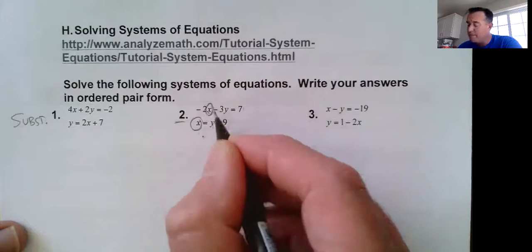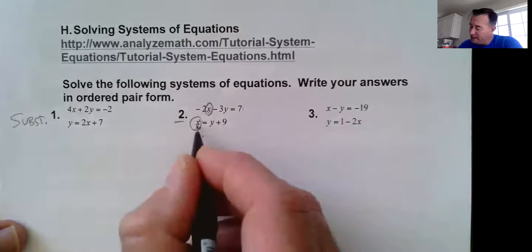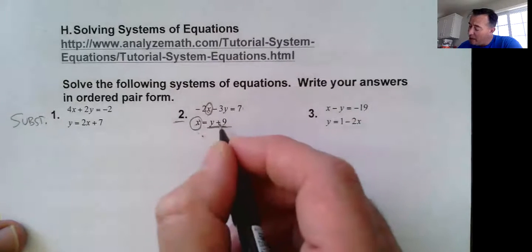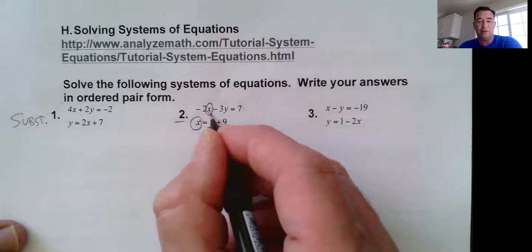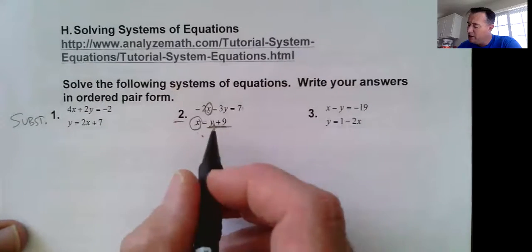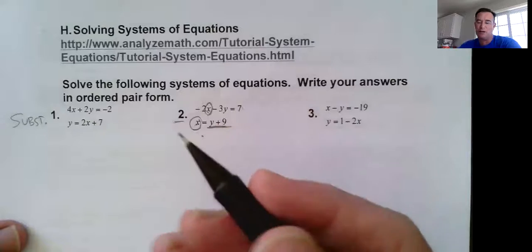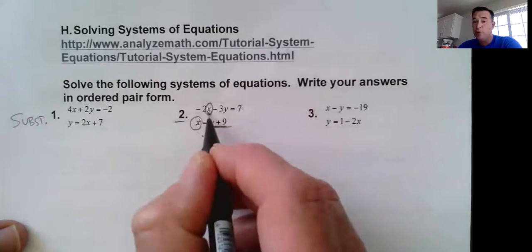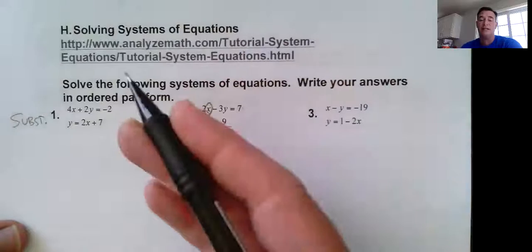So what we're going to do is take the value for x that we have right here, that y plus 9, and substitute that in for this other x. Now that's going to take rewriting the problems because we're running out of space here. But the way that I like to think about it is that when you're substituting, the first thing you do is replace the variable with a set of parentheses to give us a place to substitute.